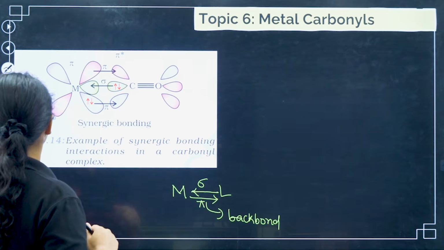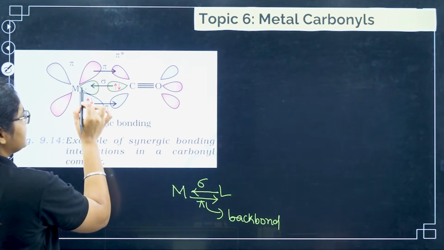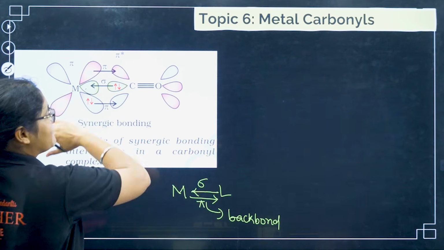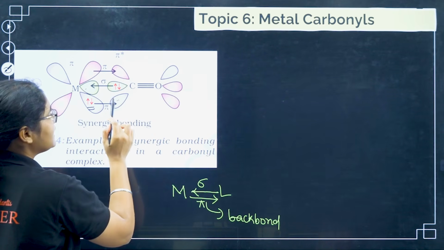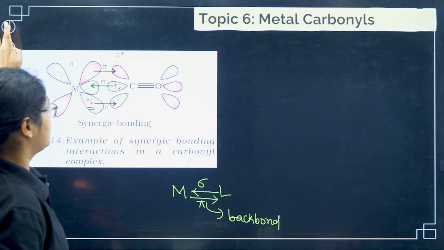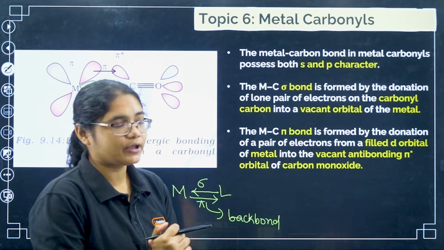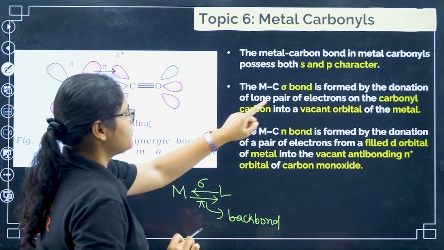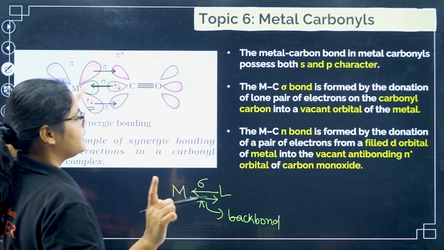Now we have to understand where it is donating, where it is accepting, and which orbitals are involved. The ligand donates into the empty d orbital of the metal. When the metal back bonds, it gives electrons from the filled d orbital to the empty pi star, or anti-bonding, orbital of the ligand CO. The metal-carbon bond in metal carbonyls possesses both sigma and pi character. The sigma bond is formed by donation of a lone pair of electrons on the carbonyl to the vacant d orbital of the metal.